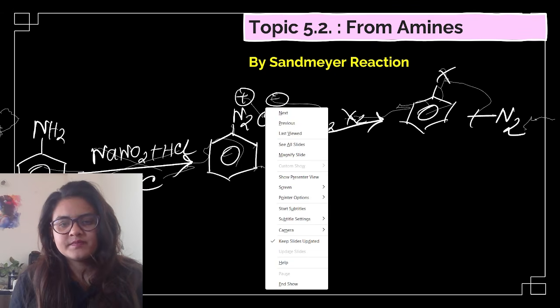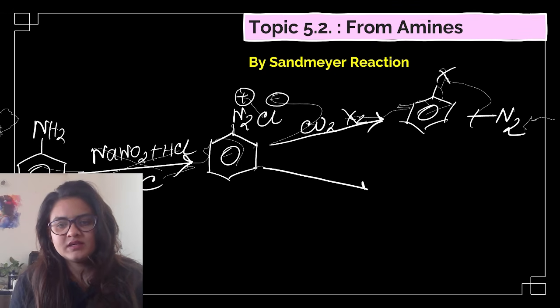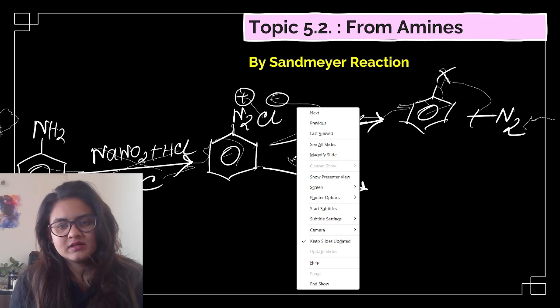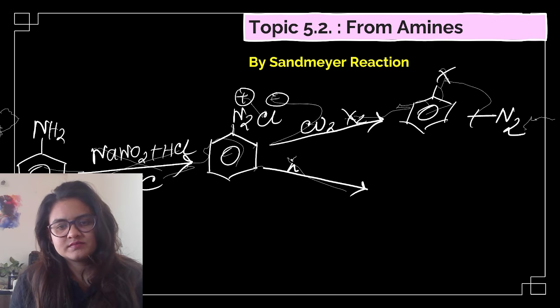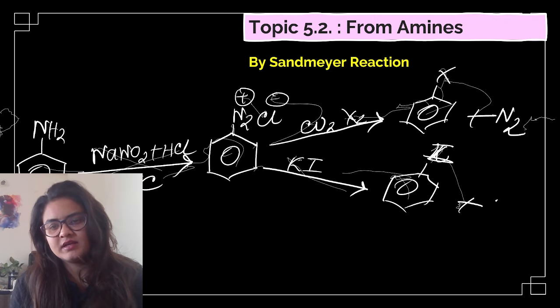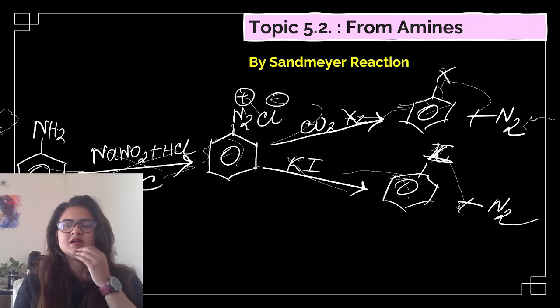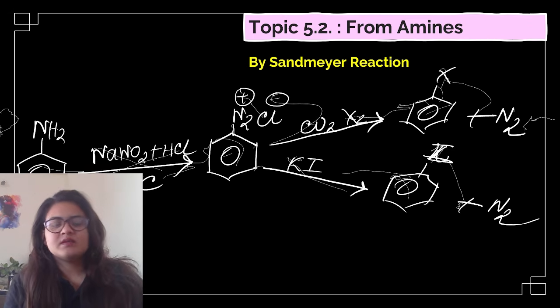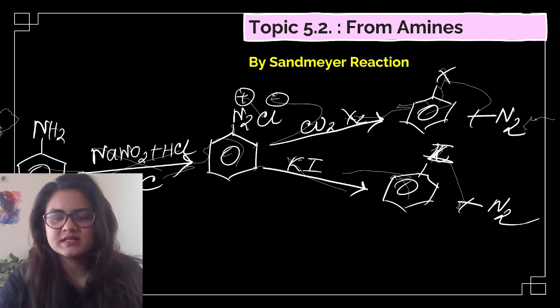Let's proceed with the same thing. If I proceed with KI, then this N2Cl will be removed with iodine substitution. Along with that, you will end up with some nitrogen gas. So this is all about the Sandmeyer's reaction. I guess this is clear to you.